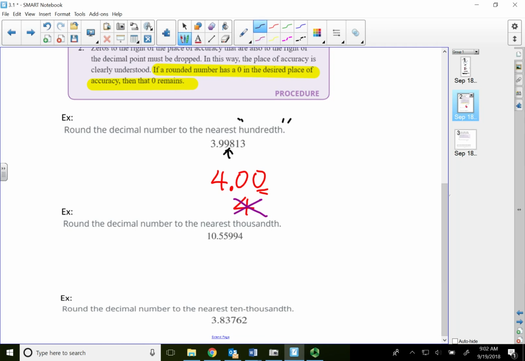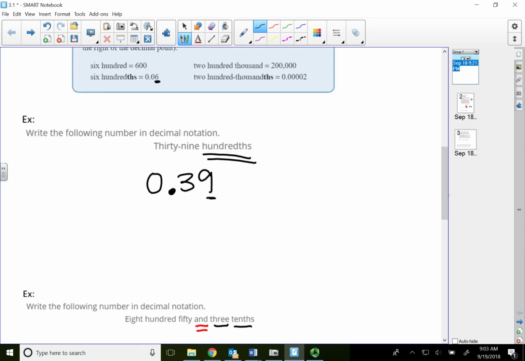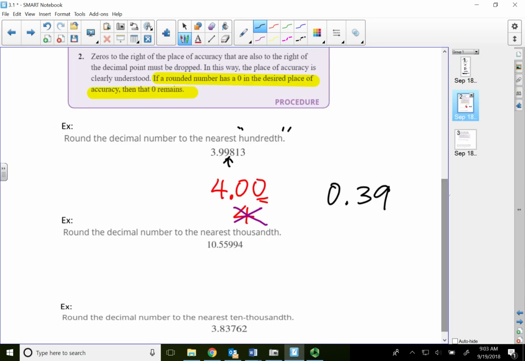And by the way, just so you know, if I have a decimal number like 0.39, like the example I had in the previous video, I always write 0 point. Some students like to write just .39, which is fine. I always put a 0 if there's no other number in front of the decimal, just so you can see that it's 0 point.